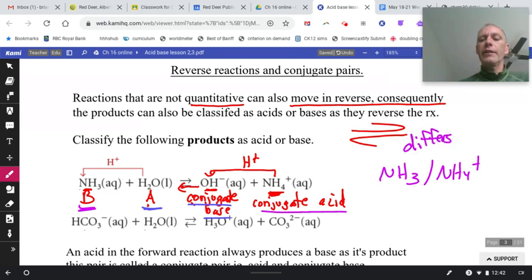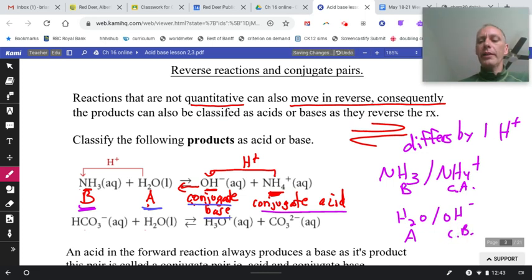That's it. Differs by one H+. So here is our base and conjugate acid, and our other conjugate pair is H2O and OH-. So this is the acid and this is the conjugate base. You can always recognize conjugate pairs because the only thing different about them is a single proton. So it's actually pretty easy.